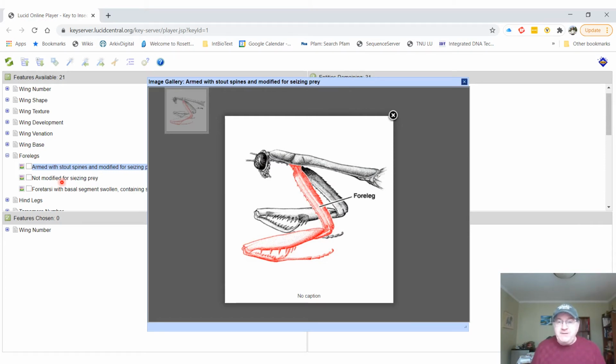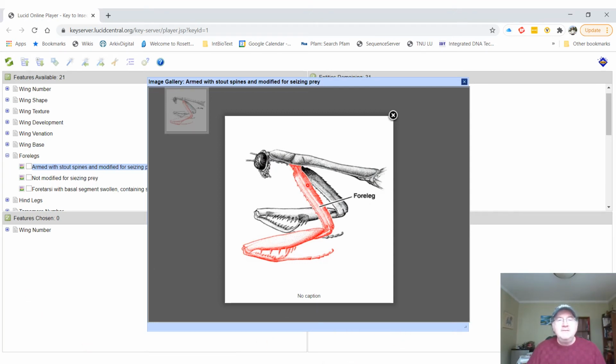Of course, this is not a feature that's limited to multi-entry keys. You could do that also with dichotomous keys. In order to have it pop up, of course, your dichotomous key is going to have to be in an electronic format, but you could do that same thing. So this is not unique to Lucid or multi-entry keys, but it's very, very helpful.